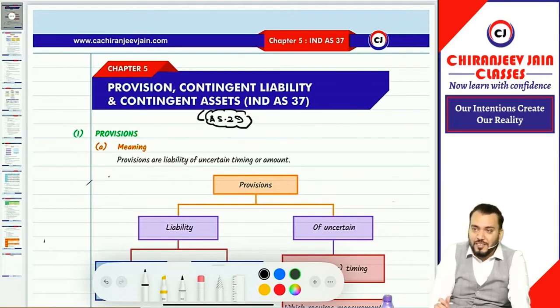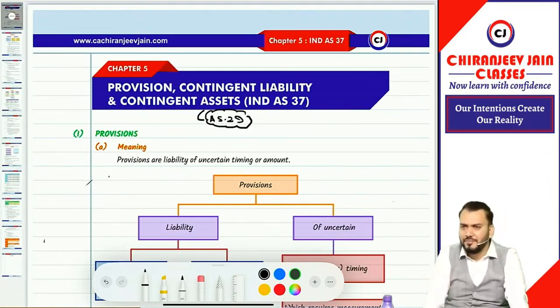Second question, what is the difference between provision and contingent liability? You are saying provisions are certain?